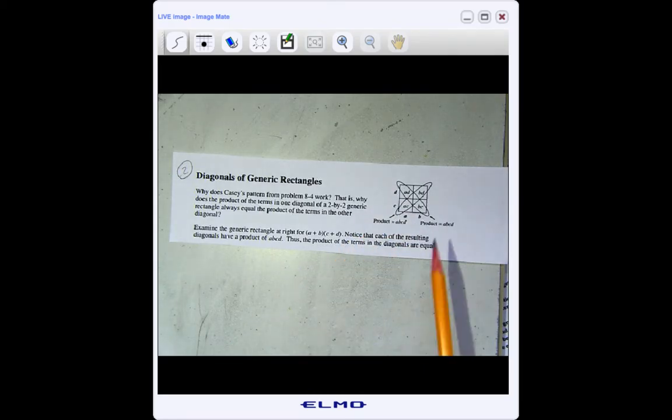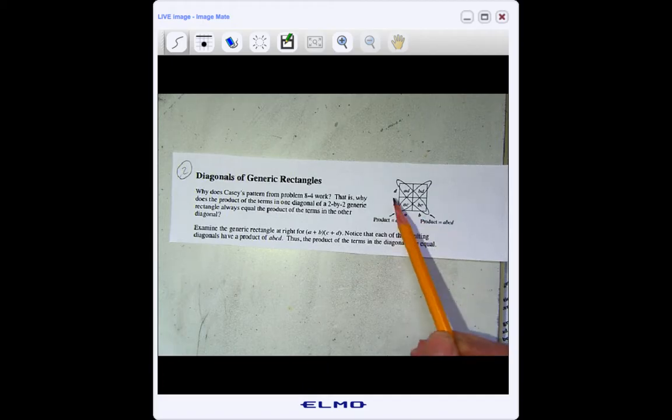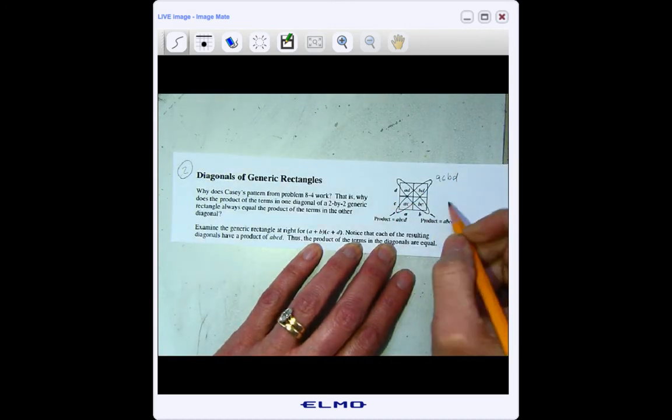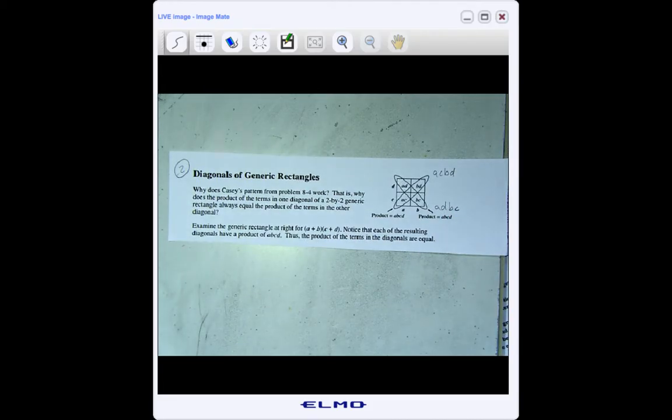So if I take a plus b times c plus d, and I take AC and BD and multiply them, I basically get ACBD. And if I multiply these, I get ADBC, okay, which ends up being the same. And that ended up being important because it helped us figure out how to factor quadratics. Okay, so we end up using that later.